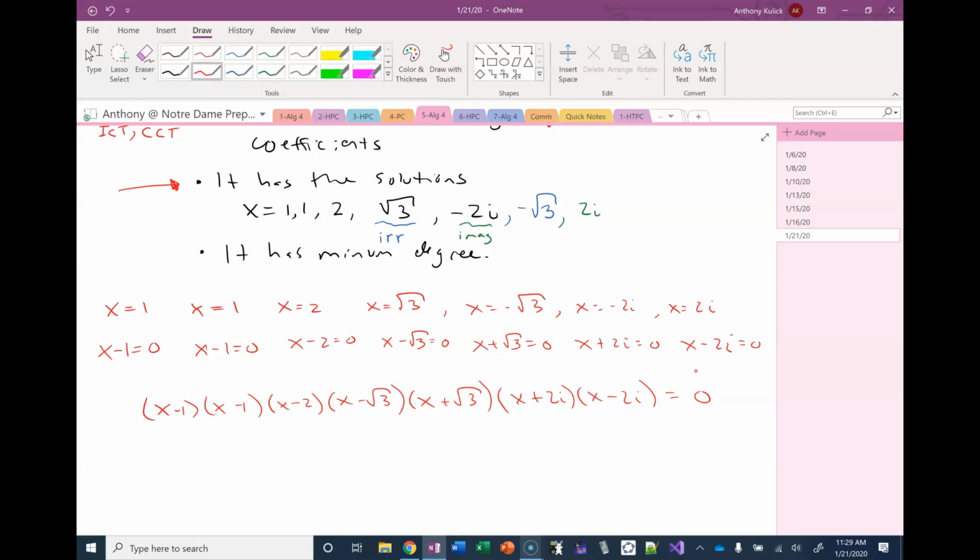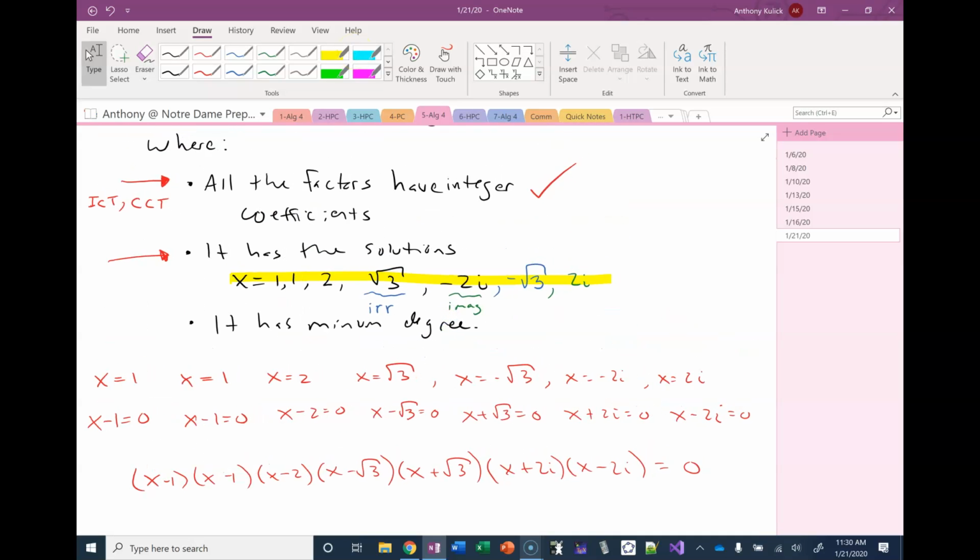Now what I have here is I have a factored polynomial that expressly has those solutions, right? Because when I set each of these back equal to 0 and solve, I get exactly those solutions. Is everybody good so far? I have one more thing to take care of, and it's back here.